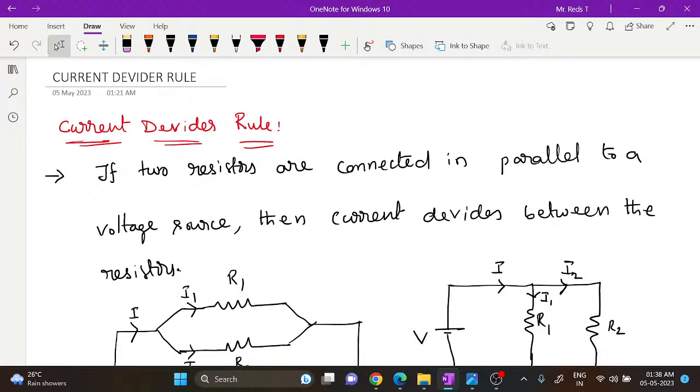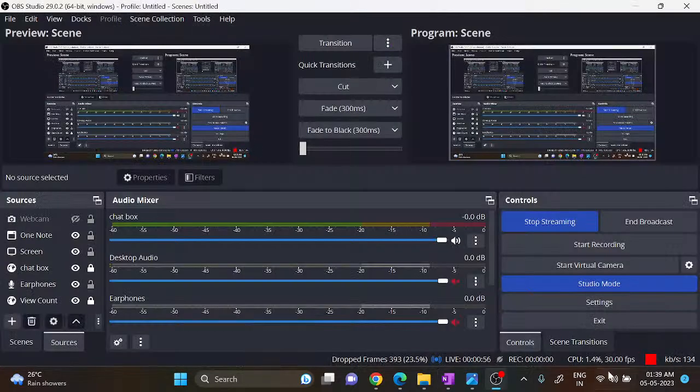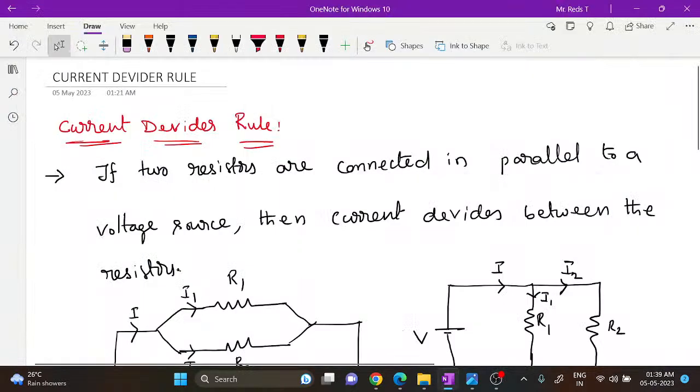I hope the voice is clear. You can cross check. Let me check whether the voice is clear or not. Just a second, let me check about the voice clarity. How about the signal? It is somewhat okay. I think you are getting the voice clearly, I hope.